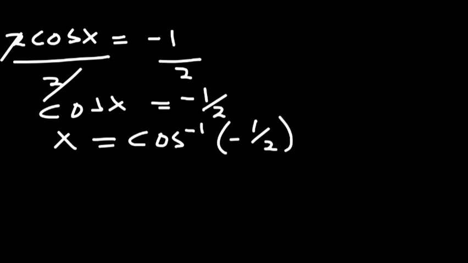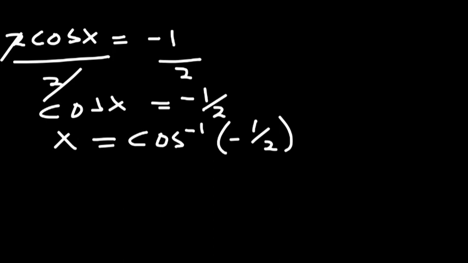The first thing you have to do is find the reference angle. So what is cos half on the unit circle? Cos x is equal to half at 60 degrees. So our reference angle is 60 degrees. Now, where are our angles going to lie?